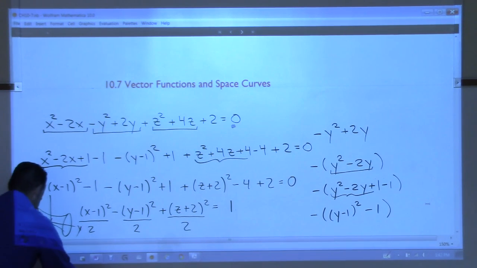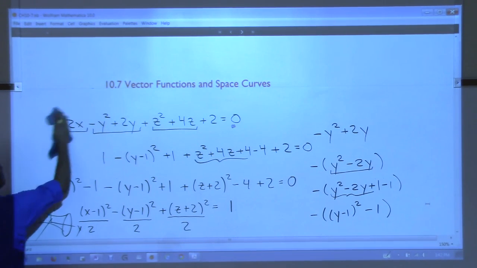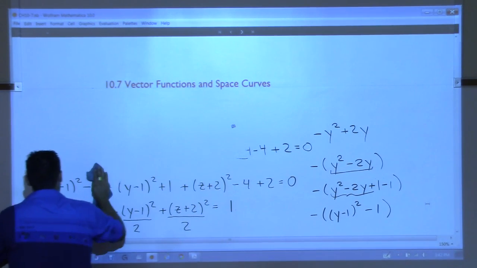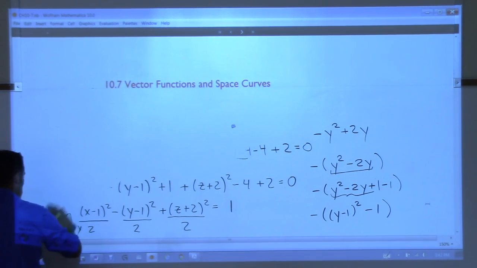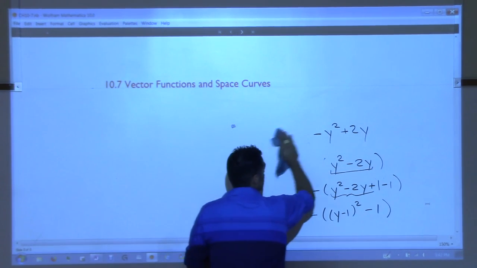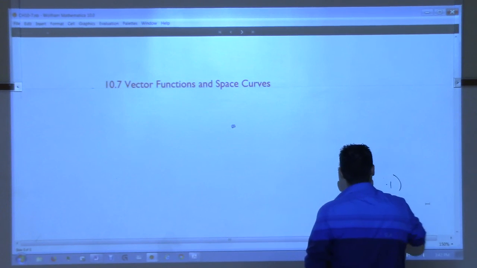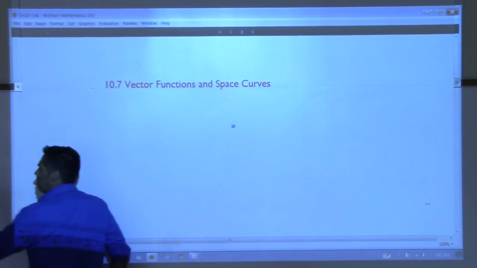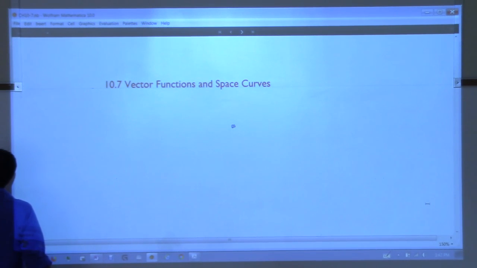So we're going to talk now about vector functions and space curves. Now we already have defined a vector function. The vector function we've already looked at here, I'm going to put on the side over here, was that couch potato thing.